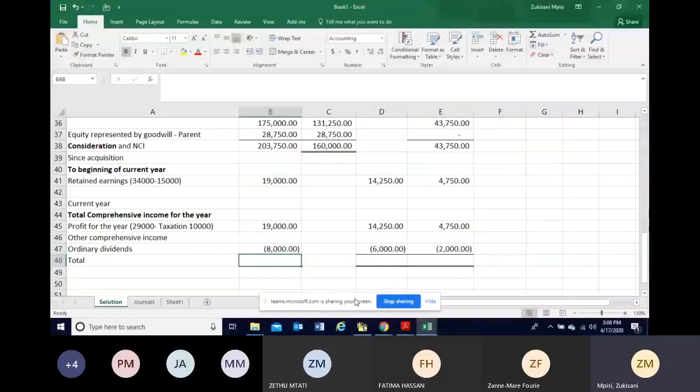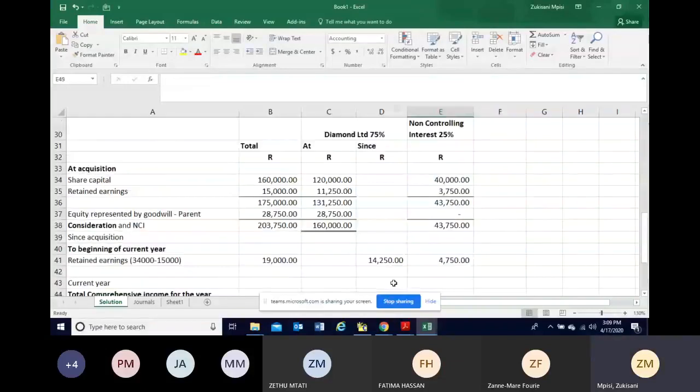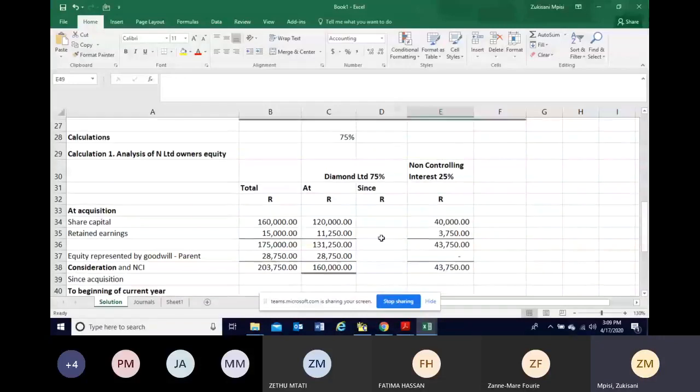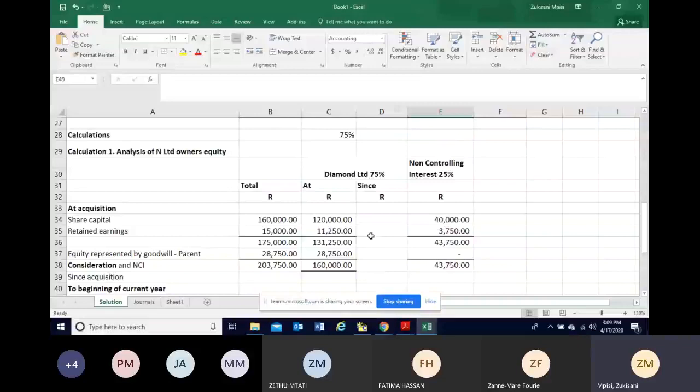And then we are able to do our thing. And then we've got all our totals in here. Right. So we've got our statement analysis of equity that we have already made.